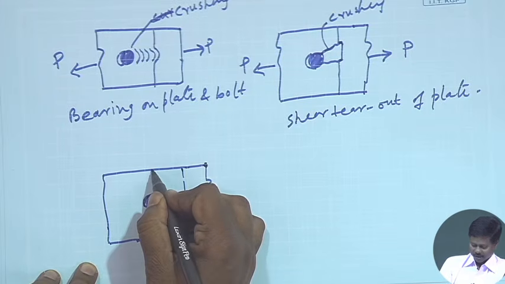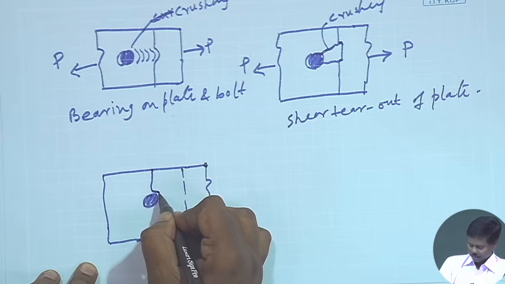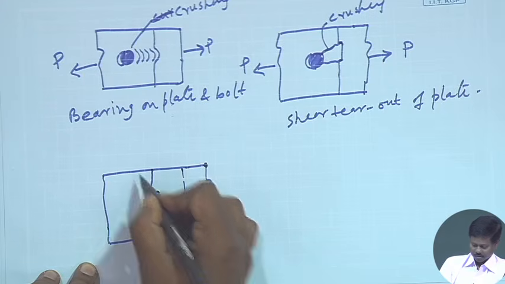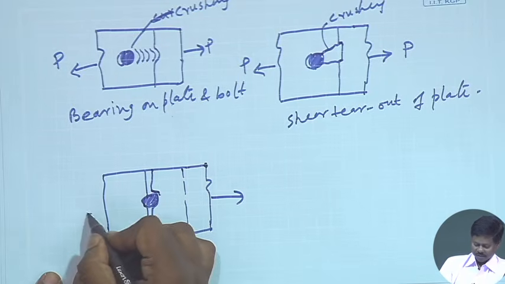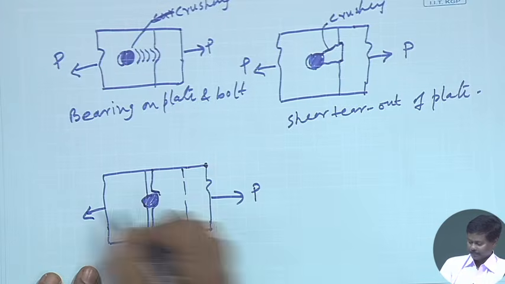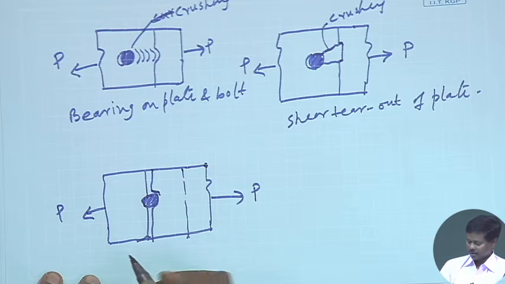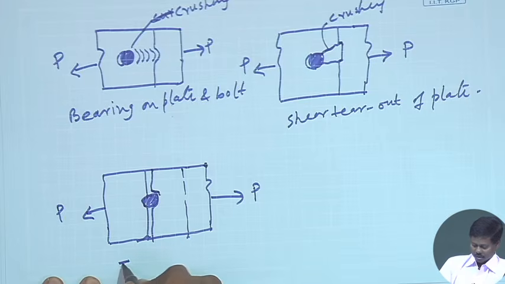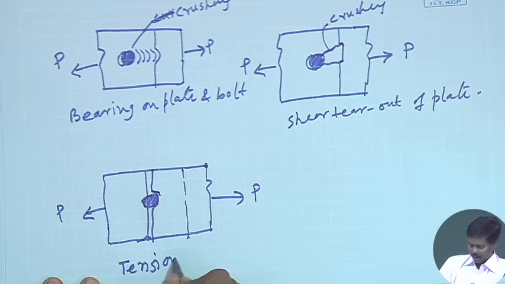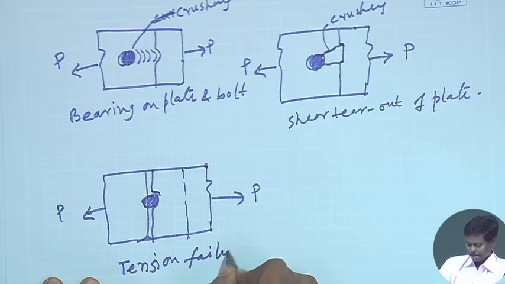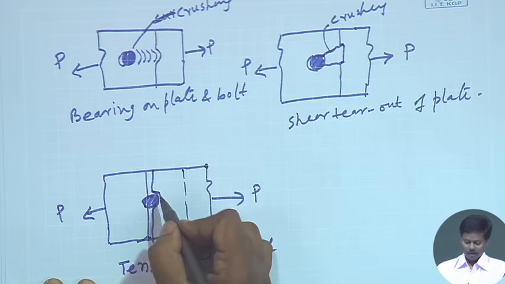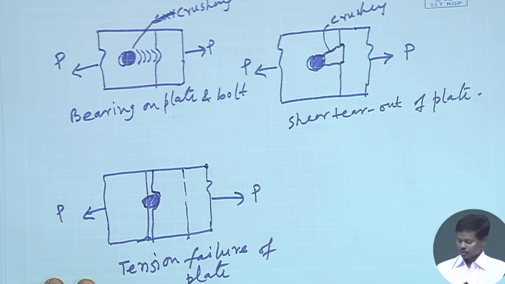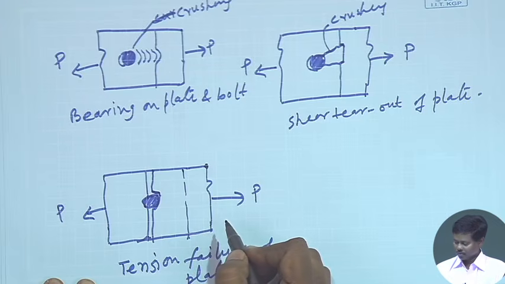Now, what happens? It may fail like this. In this way, the two plates may tear out due to failure of the plate. This is called tension failure of plate.